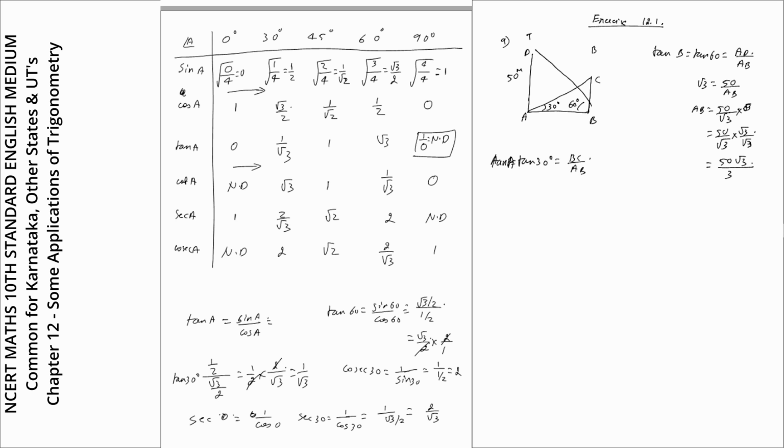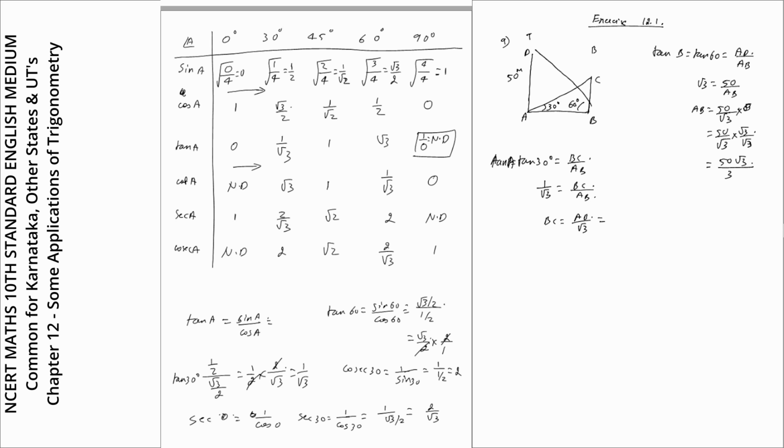So tan of 30 degree, what is tan of 30 degree? You can see in the chart the value of tan of 30 degree is 1 by root 3. So 1 by root 3 is equal to BC by AB. Okay, or when we cross multiply, BC is equal to AB by root 3 I will get.